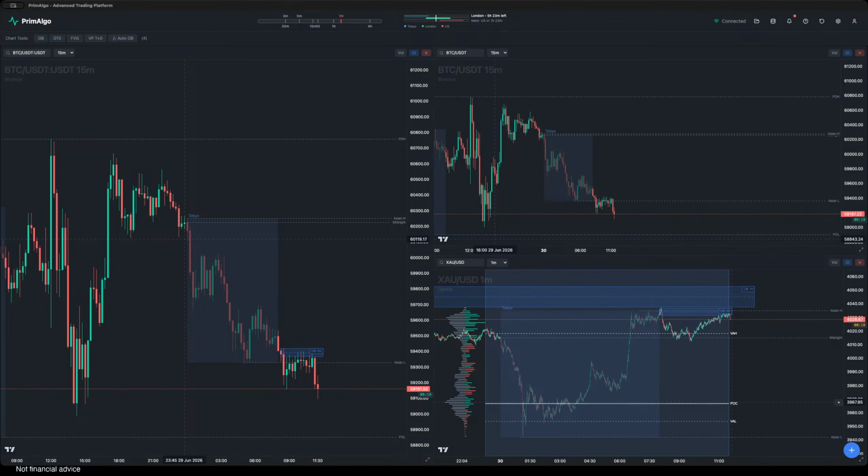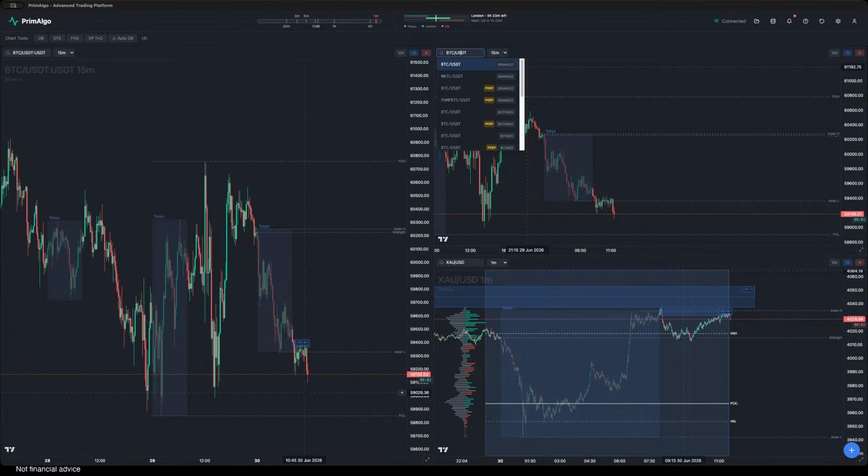Let's go to the point of control. During that time, BTC, what we expected is to go a bit lower, and potentially, well, lower than this low here.